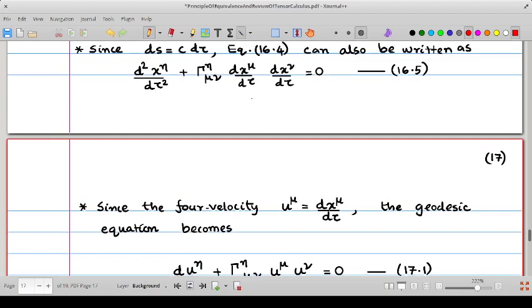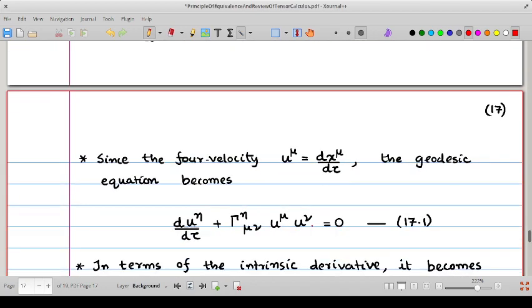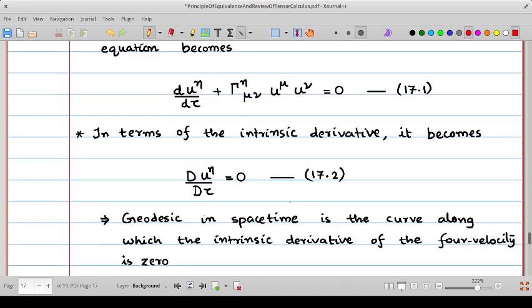Now since dx mu by d tau is the four velocity u mu, this equation can be written as du eta by d tau plus gamma eta mu nu u mu u nu equal to 0. But this is nothing but the intrinsic derivative of u eta with respect to the proper time tau.